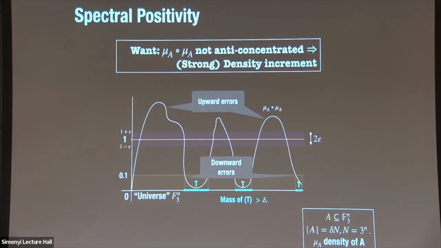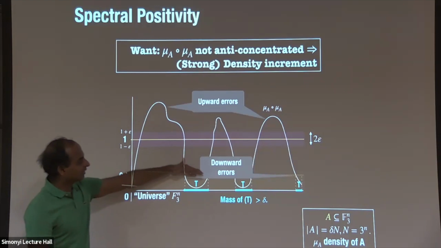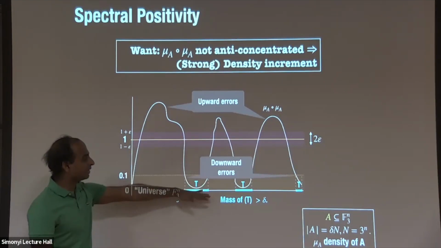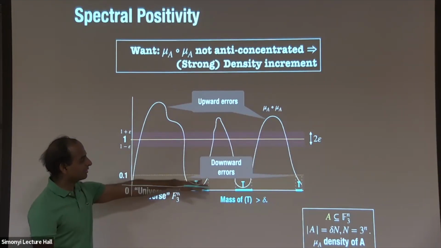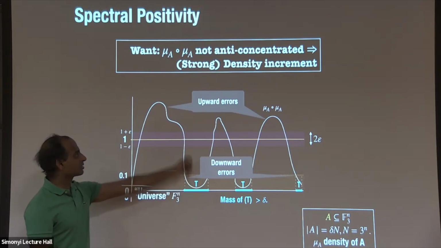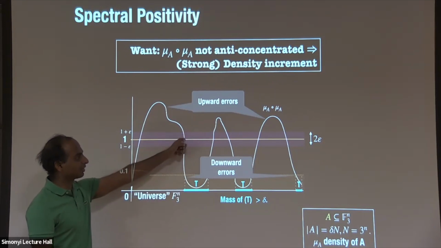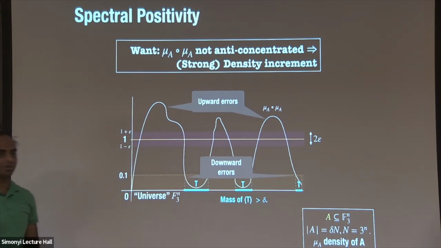One is upward errors, where your density is taking too high values, and the other is downward errors, where your density is taking values much lower than it should. In our case, we just know that a difference convolution with itself has only downward errors. Meaning, there are values where my density is taking something less than 0.1. So in particular, it's far from the reference value 1 in the downward direction.